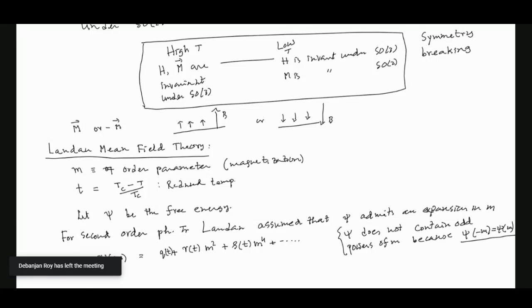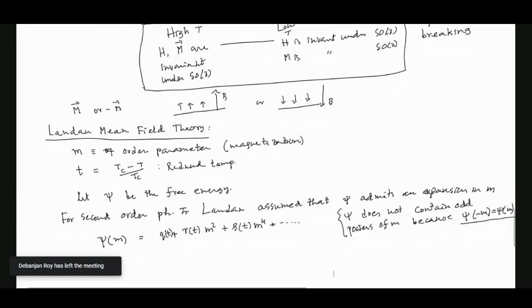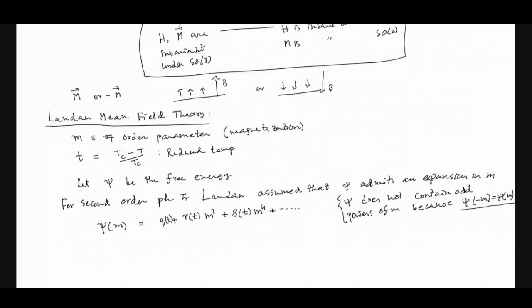Okay. Now further, you can argue that this Q of t, R of t, S of t are coefficients that are functions of t. So maybe I can say that my Q of t can be written as sum over j equal to 0 to infinity of qj into t to the power j.